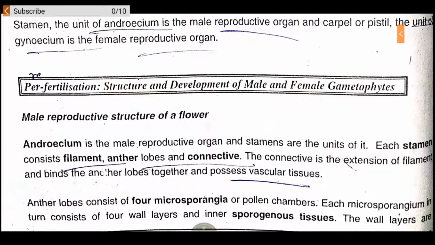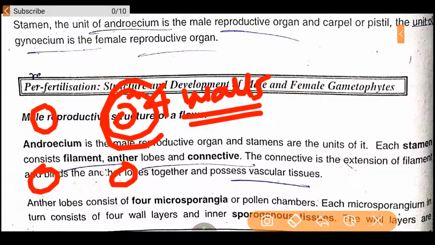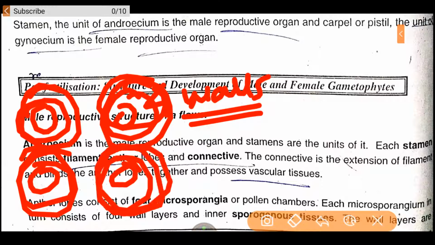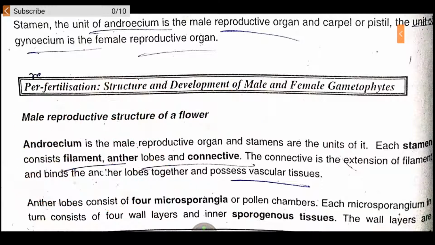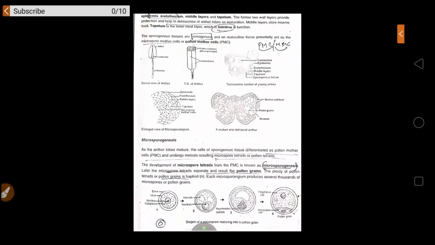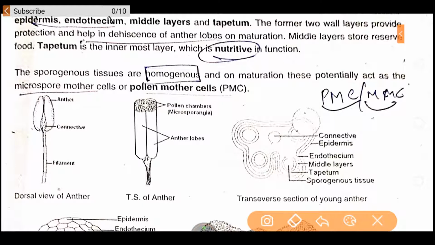So each microsporangium has four walls surrounding it, and inner sporogenous tissue also. The outer layer is called epidermis, followed by endothecium, middle layers, and tapetum. You observe this diagram.